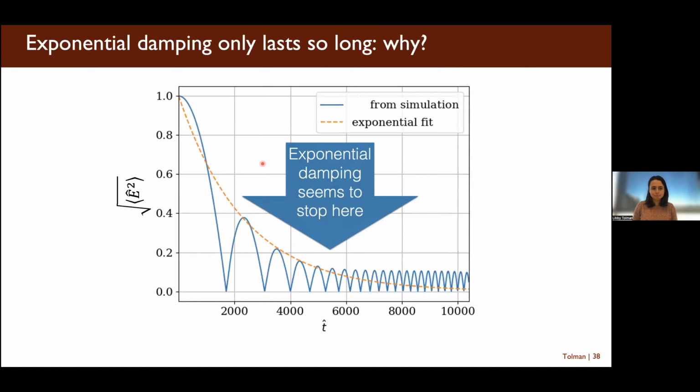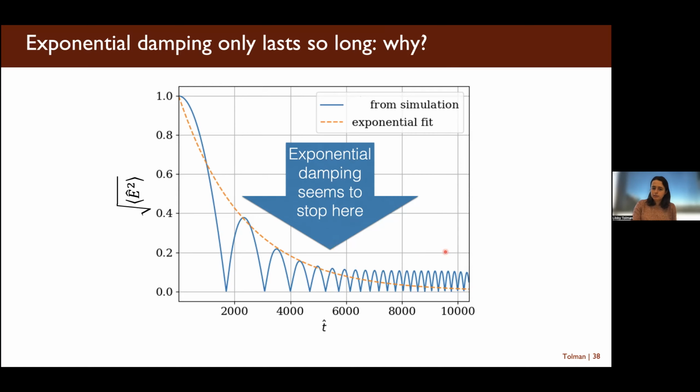All right, but this exponential damping will only last so long. The question is why? If we look at the evolution of the electric field strength as a function of normalized time, you can see that we've got a nice exponential damping in the orange dashed line, and it will stop at a point roughly called out by this blue arrow here.